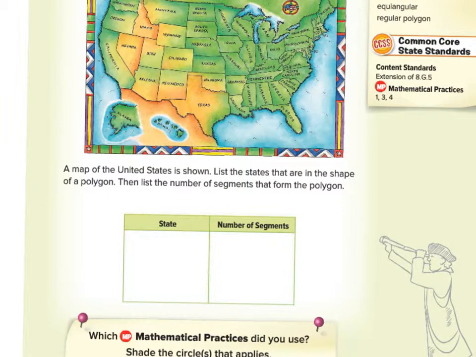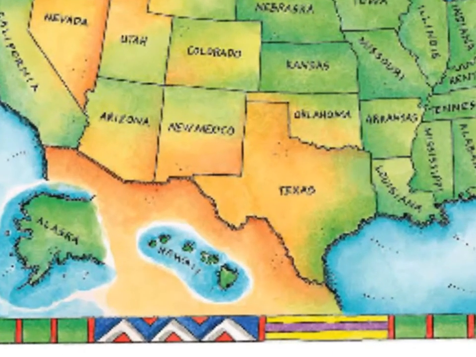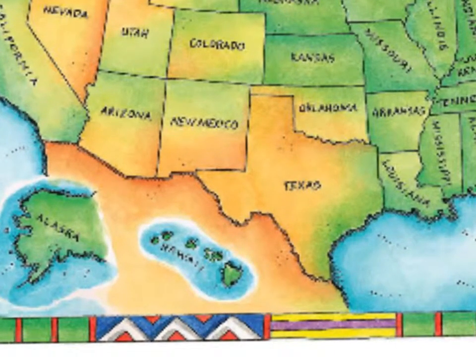So let's start. We have to name the state and the number of segments. Let's zoom in a little bit here to New Mexico, where I can count. I'm going to start on the top. I have 1, 2, 3, 4, 5, 6, 7, 8. You can see there that we had a couple of steps sort of to take down.